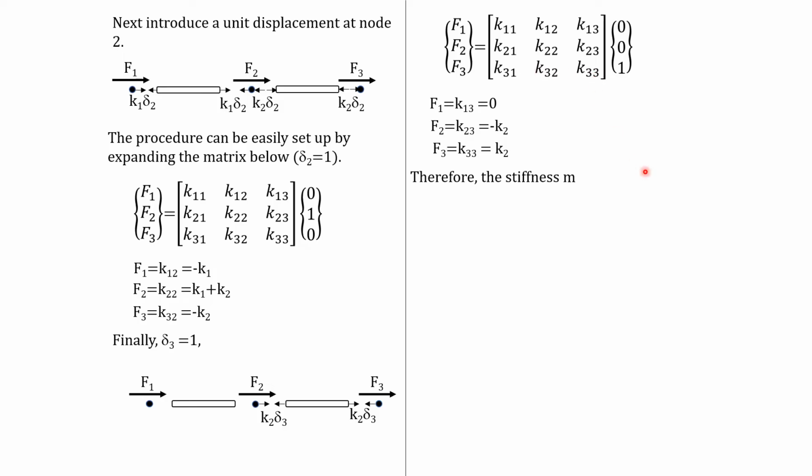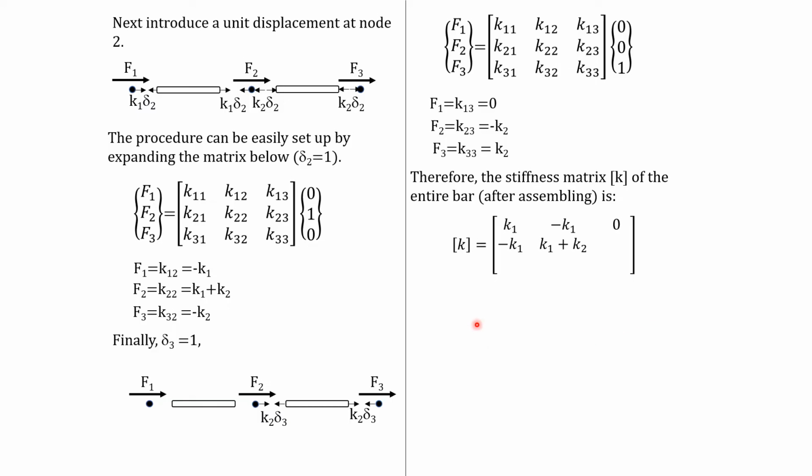So therefore, if we assemble the stiffness matrix for these bars with only 2 members, then we have the stiffness matrix for the entire system of 2 bars.